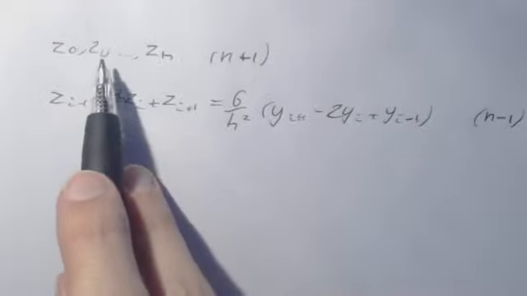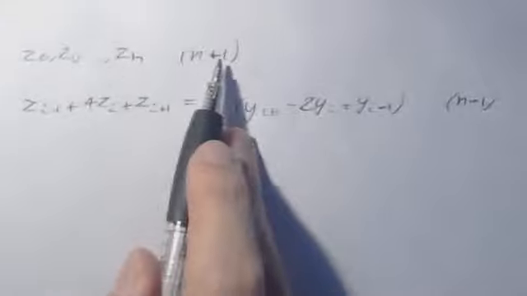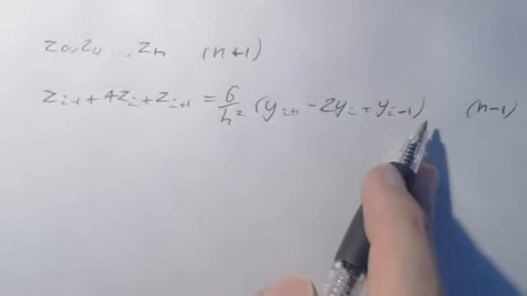So yeah, we can't solve for n plus 1 variables with n minus 1 equations uniquely.